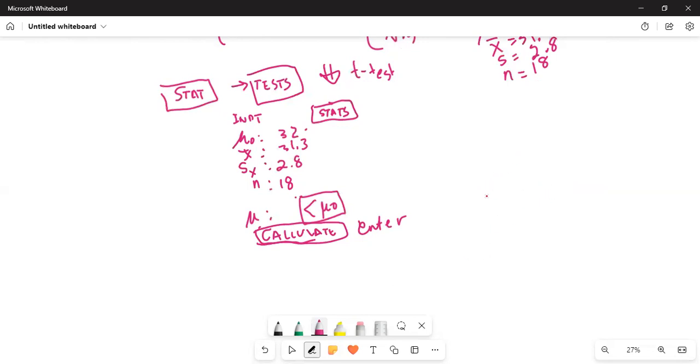Next screen looks like this. My mu less than 32 is the alternate. Okay, my test statistic T is equal to minus 1.73. My P is equal to 0.0.